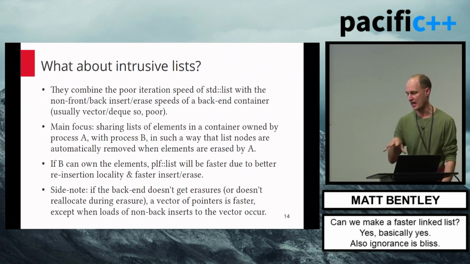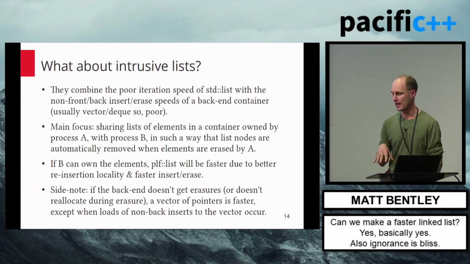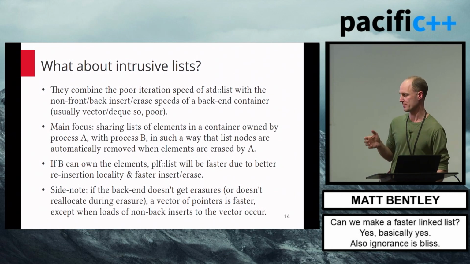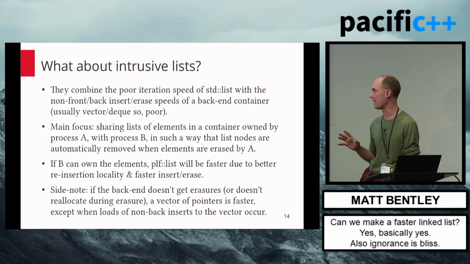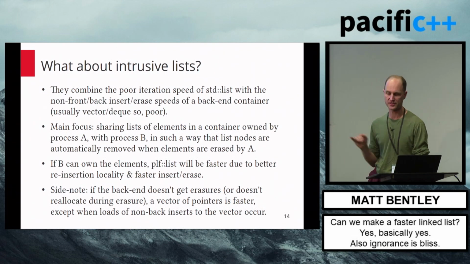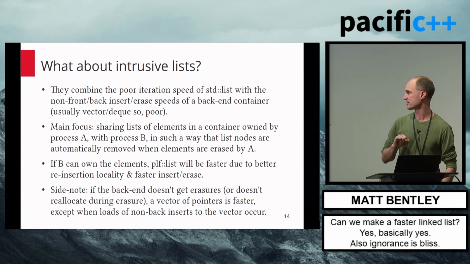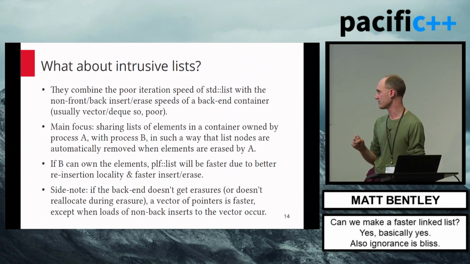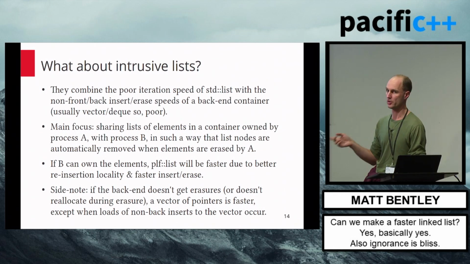So if we can actually own the data, we're going to get better performance in general if we use a linked list, provided we make the linked list relatively smart. As a side note, if the backend container doesn't get erasures from the middle, then we're probably better off having a vector of pointers instead of a linked list.